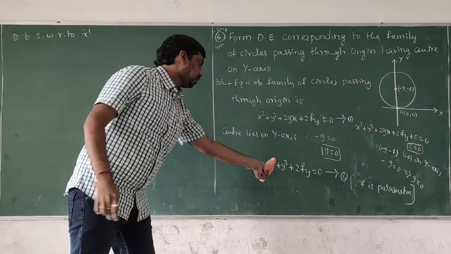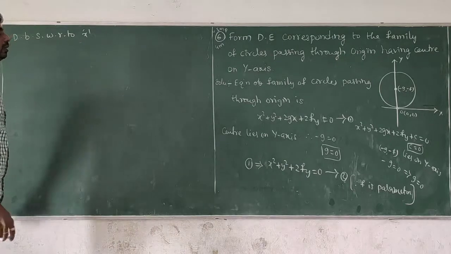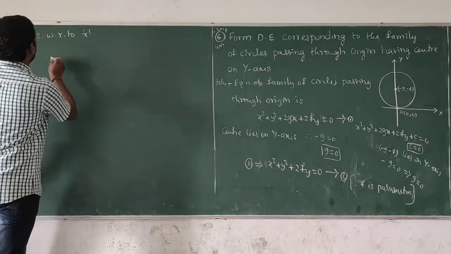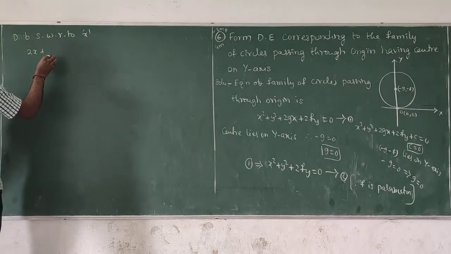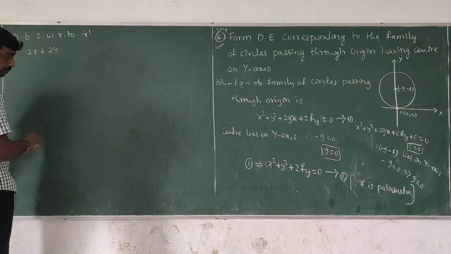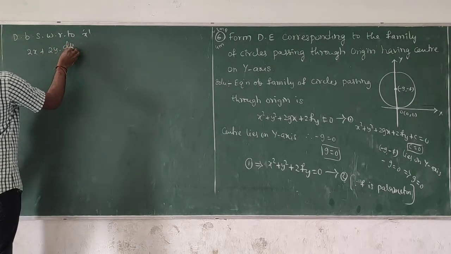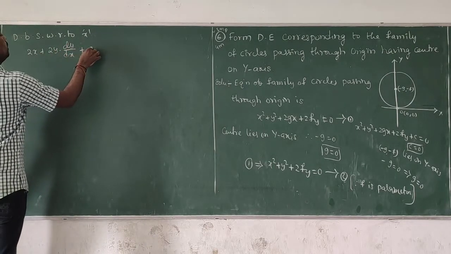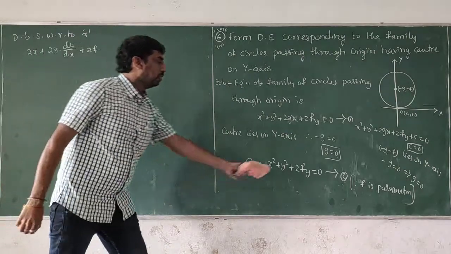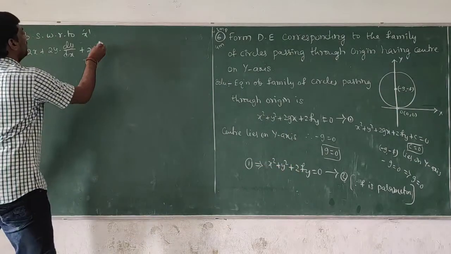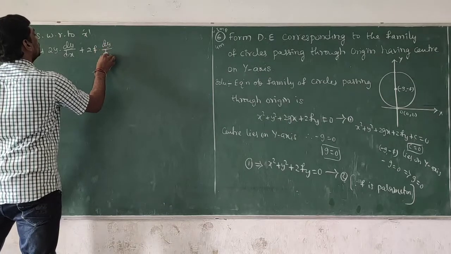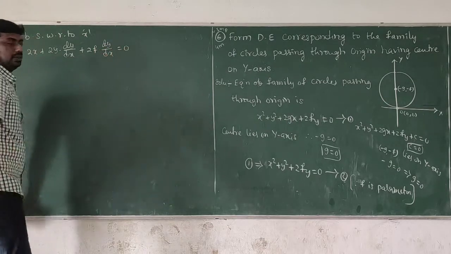Now x square plus y square plus 2fy: the derivative of x square is 2x, plus the derivative of y square is 2y into dy by dx, plus 2f into the derivative of y, which is dy by dx, equal to 0.